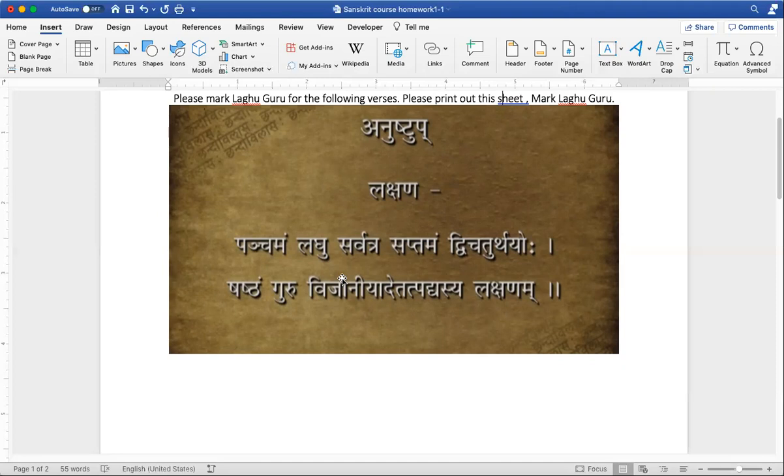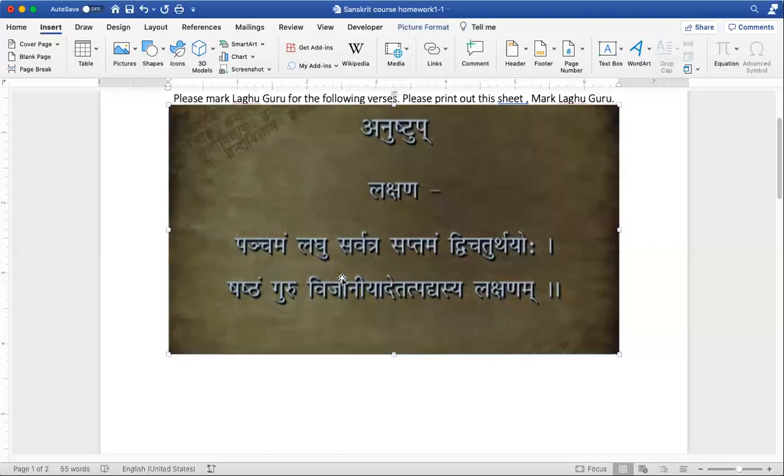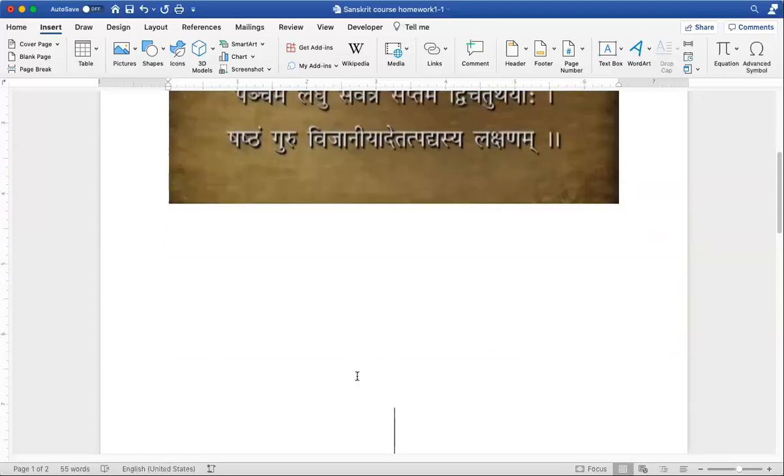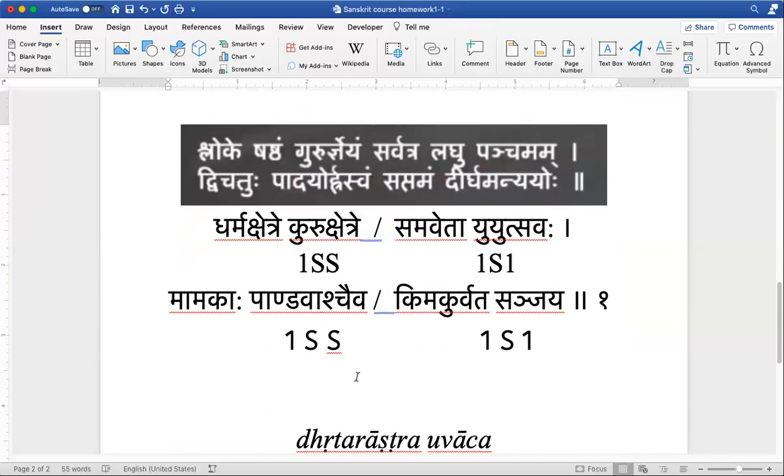The fifth one is Lagu everywhere. Saptamam Dvi Chaturtayoho. For the second and fourth, it will be the seventh also. Shashtam Guru Vijaniya. So the sixth one is Guru everywhere. Detat Padyasya Lakshanam.